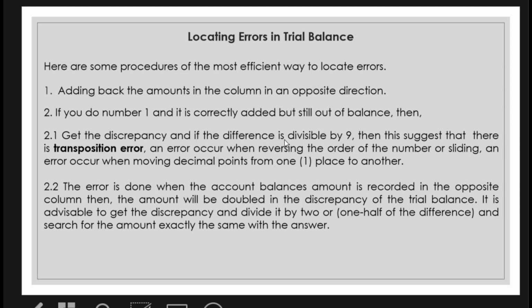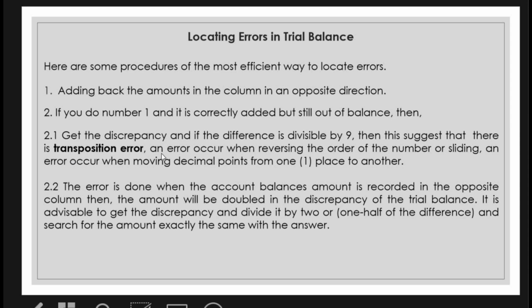If the difference is divisible by 9, now, what are the numbers which are divisible by 9? So, for example, if the difference is 27, that's divisible by 9. Or if that's 36, that's divisible by 9. So, if the difference is divisible by 9, then this suggests that there is a transposition error.